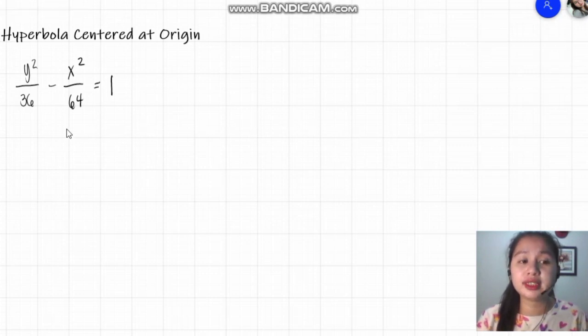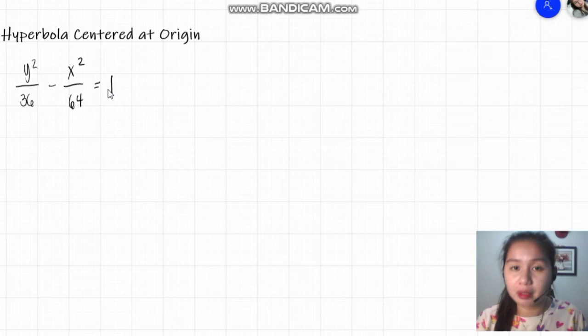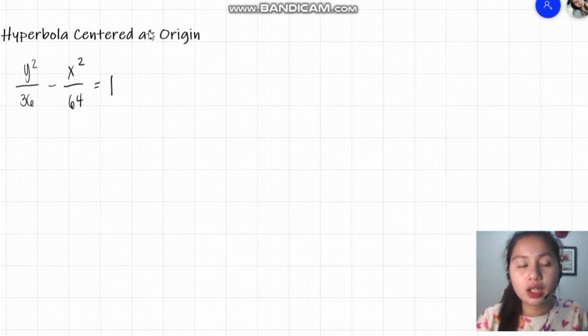Okay, so for our next example, we have y squared over 36 minus x squared over 64 equals 1. Discuss and graph the hyperbola. Kung mapapansin nyo, again, x squared and y squared lang din ang given. Therefore, this is a hyperbola centered at origin.